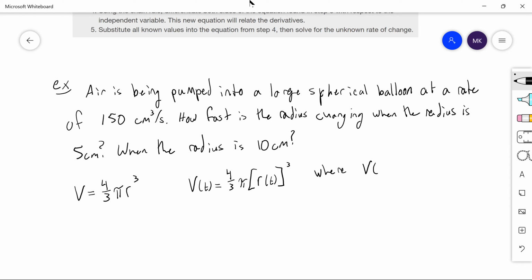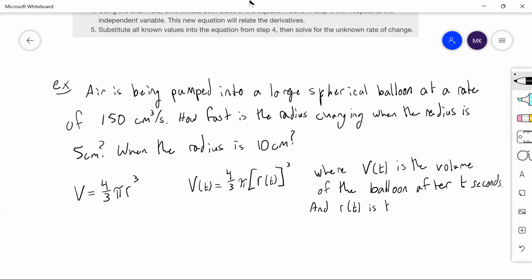We'll add on where V of t is the volume of the balloon after t seconds, and r of t is the radius of the balloon after t seconds.